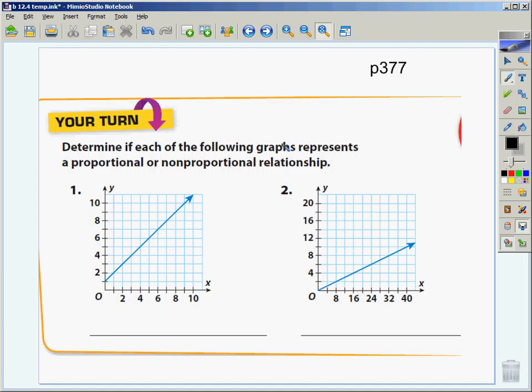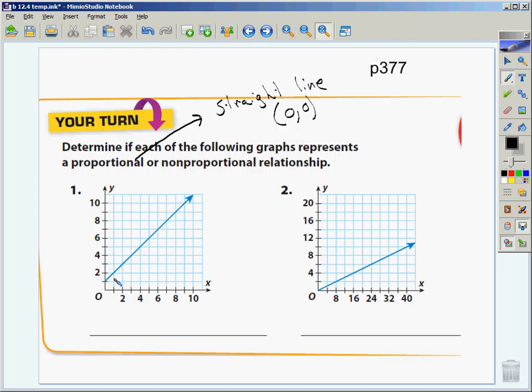Okay. So today's lesson, again, these can be paused at any time. We're just comparing non-proportional and proportional. Remember, to be proportional, when you're looking at a graph, it has to have two qualities. To be proportional, it needs to be a straight line. But it also needs to go through the origin, 0, 0.